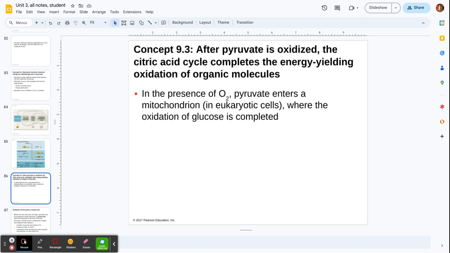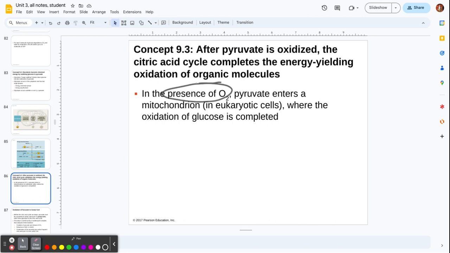And that's only going to proceed to the next step if there is oxygen. So we have to have oxygen present. If we do not have oxygen present, we can't finish this whole cycle with the pyruvate. And a lot of that pyruvate is going to be lost in terms of its energy value. It will be lost.